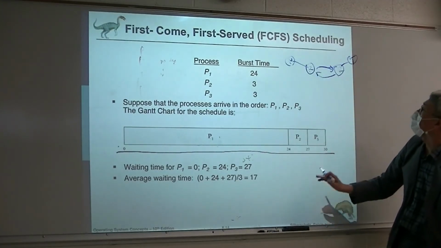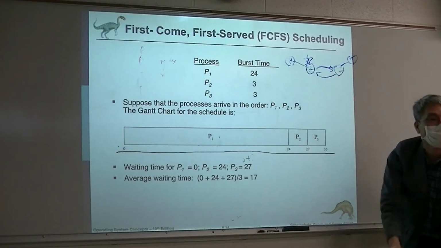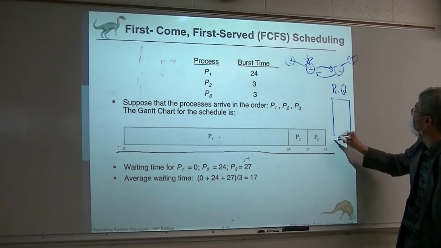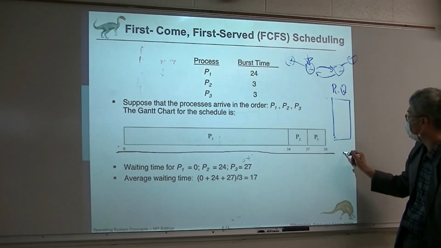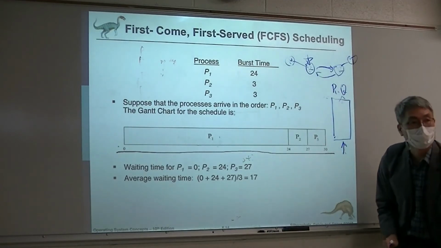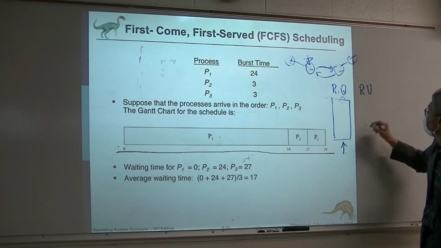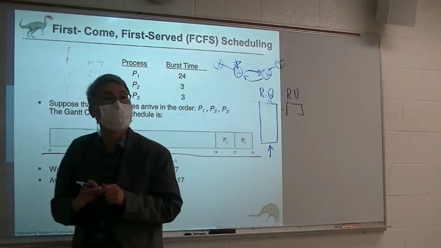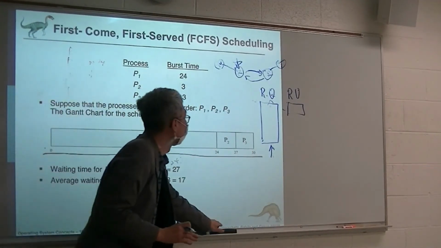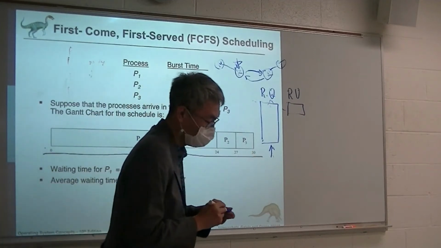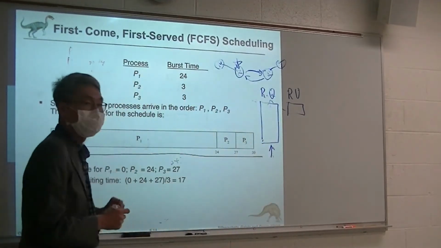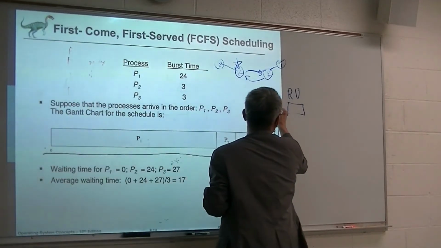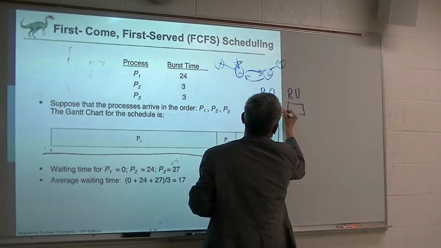So we are going to manage the ready queue. Please manage the ready queue, first in, first out, and running. How many running? Only one. So you'd better manage this. Then follow me. First, process one is alive with the time 24.